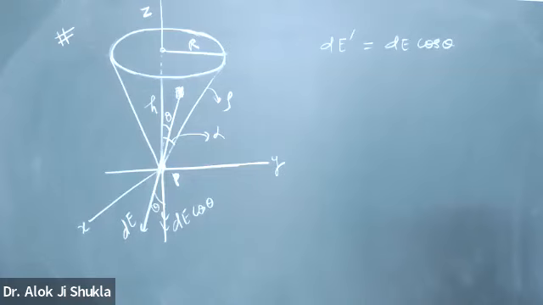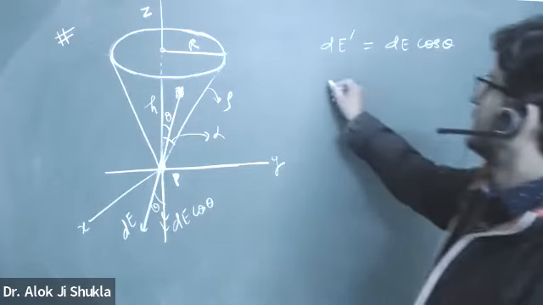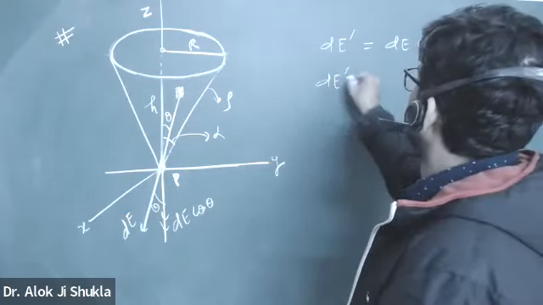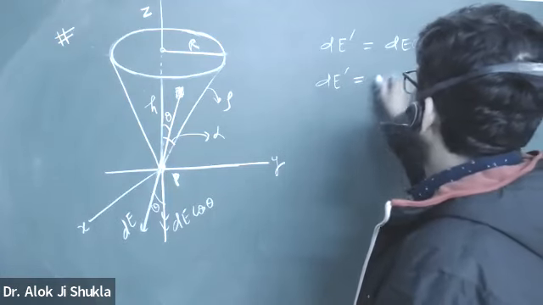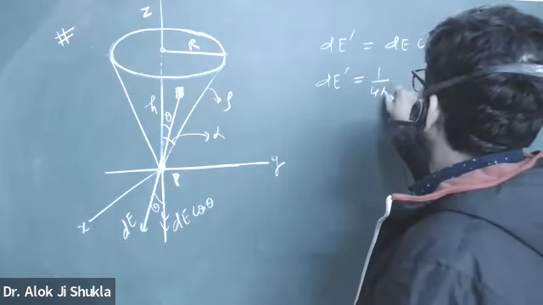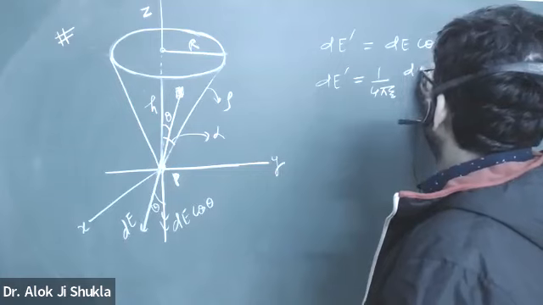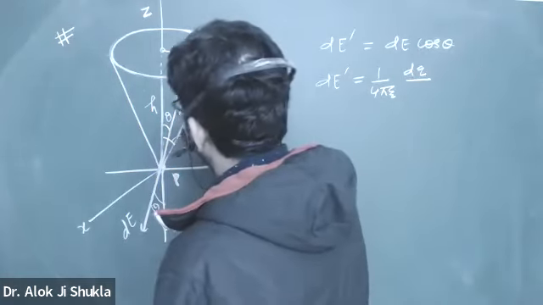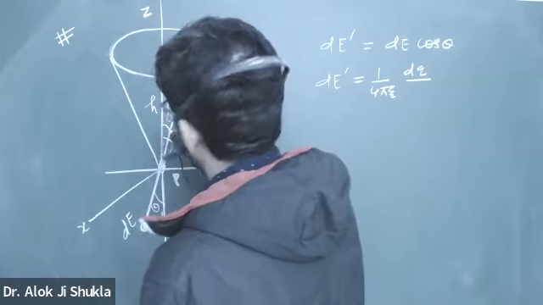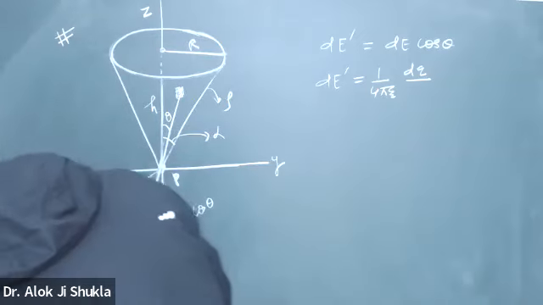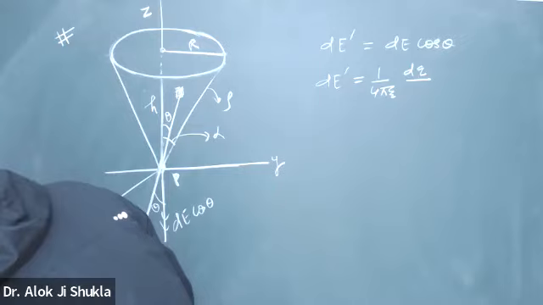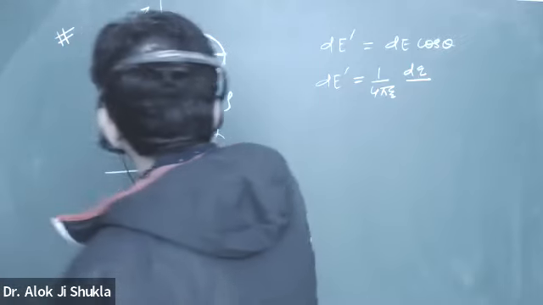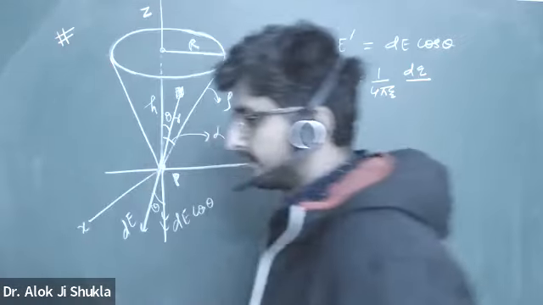बोलो भाई. So dE dash कितना हो जाएगा? Coulomb's law लगाओ. 1 by 4 pi epsilon naught dq by, let's take this distance as something. मैंने जो notation लिया है वही ले लेता हूँ. So this distance is small r.